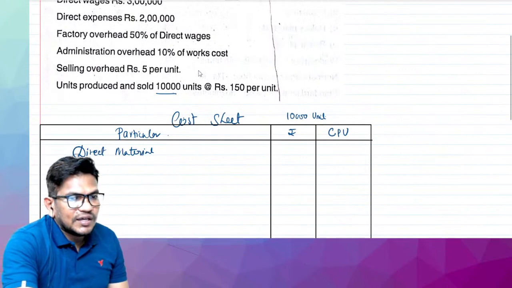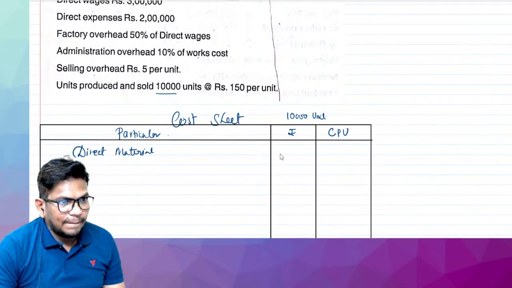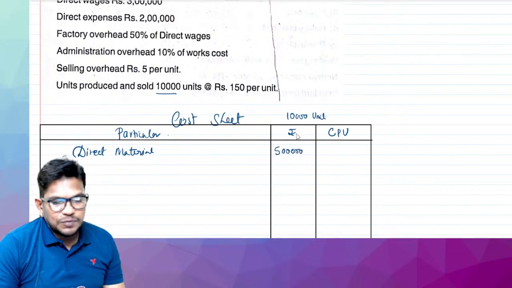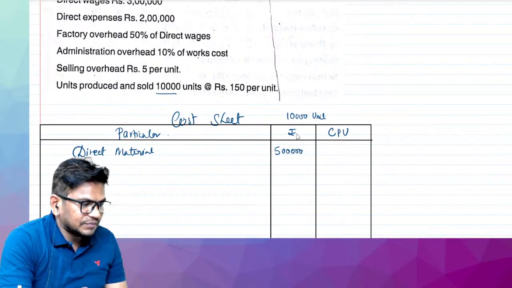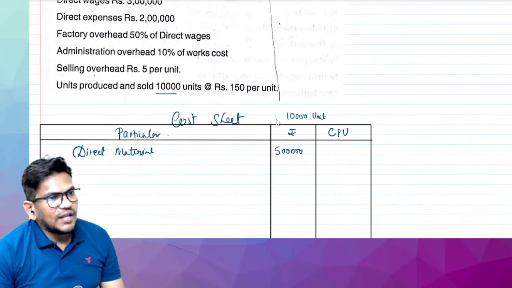What is the cost per unit? 5 lakh divided by 10,000, that comes to 50.